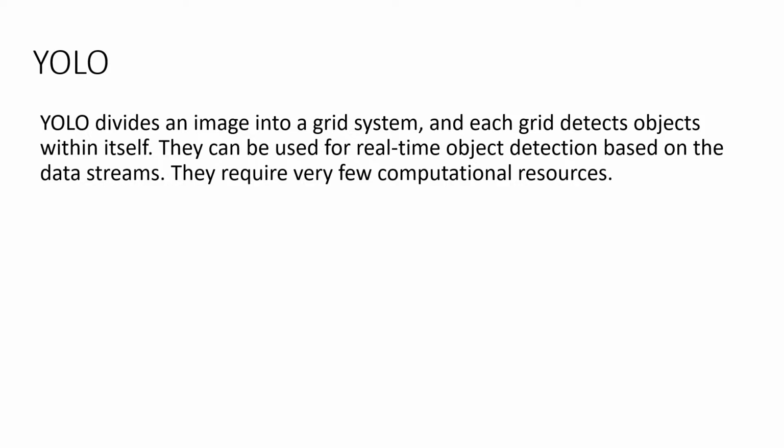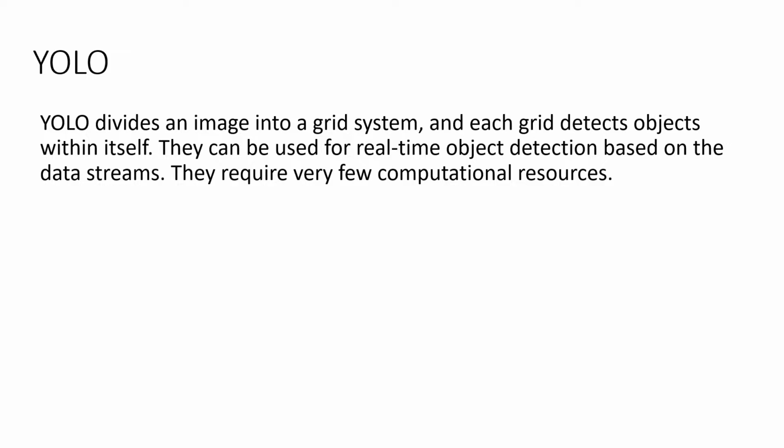YOLO divides an image into a grid system, and each grid detects objects within itself. They can be used for real-time object detection based on data streams. They require few computational resources. So this is the advantage of using the YOLO algorithm. In general, the YOLO algorithm divides the input image into grids.